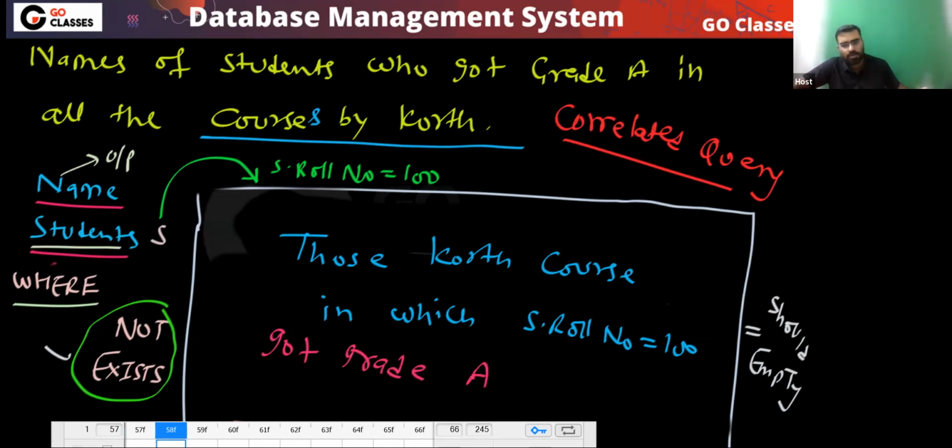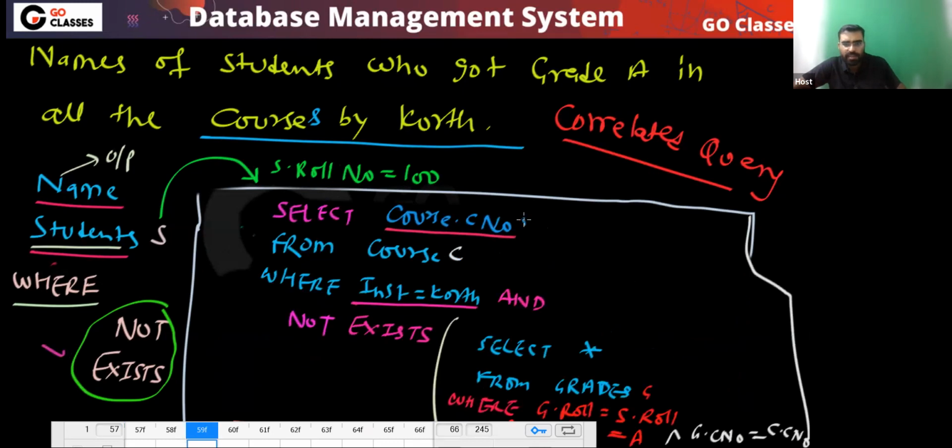So ultimately I want those courses where he did not get grade A. So for every course I will check that he should not get grade A. Okay, I'm again confusing myself.